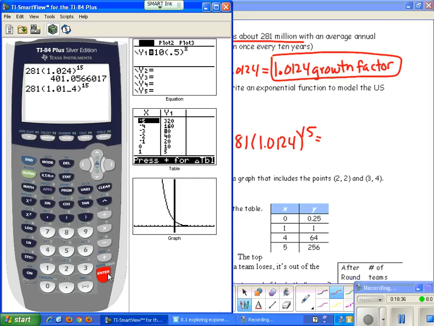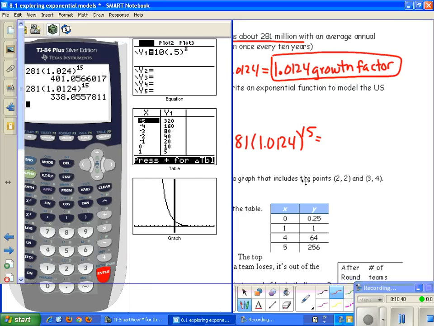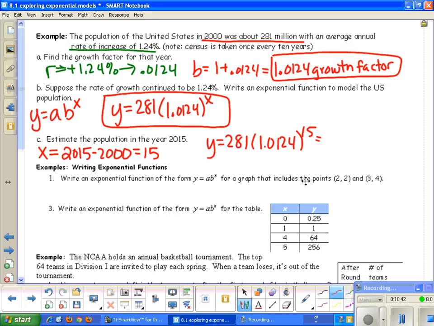Here we go. So we end up with 338 million people. So that's what I'm going to write. In 2015, that's my estimated population. Let's do the next one.